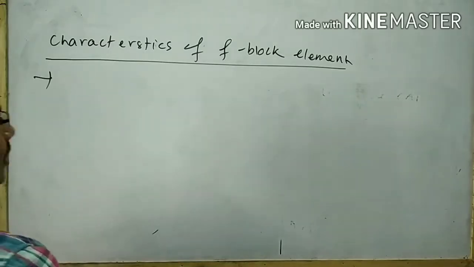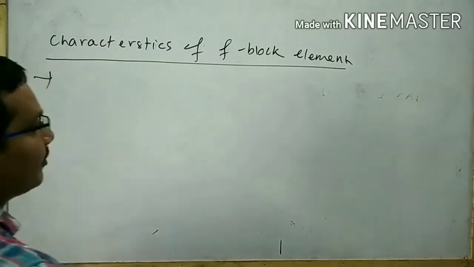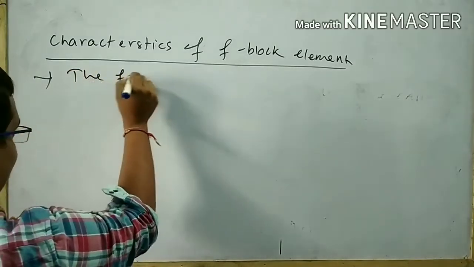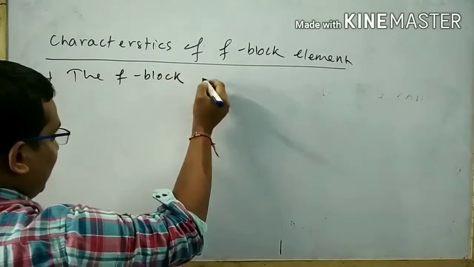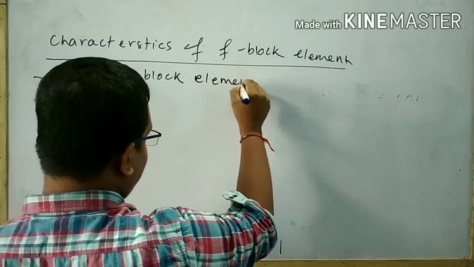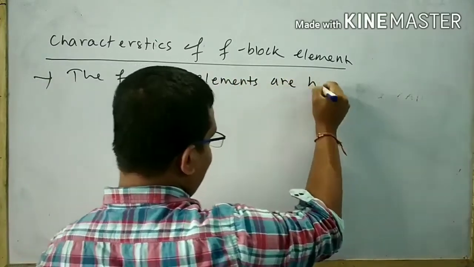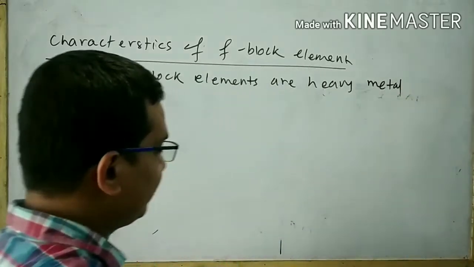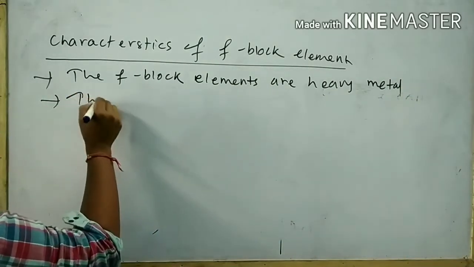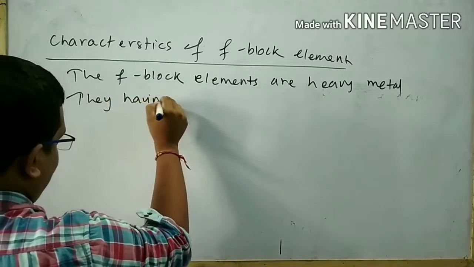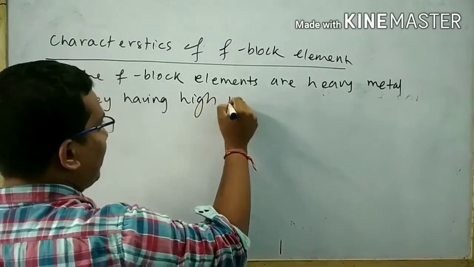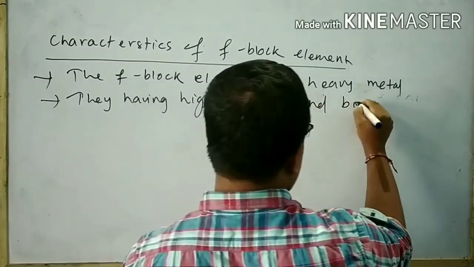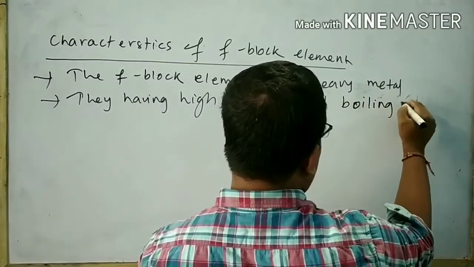These elements are heavy metals. So you can write, the F block elements are heavy metals. They have high melting point and boiling point.